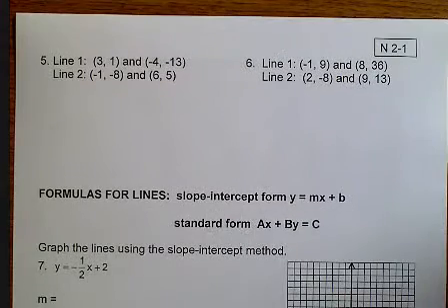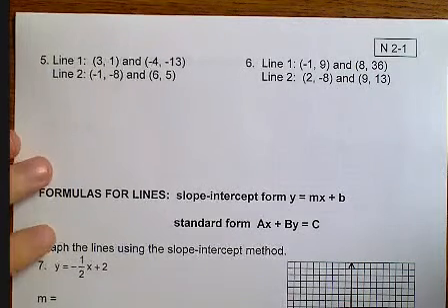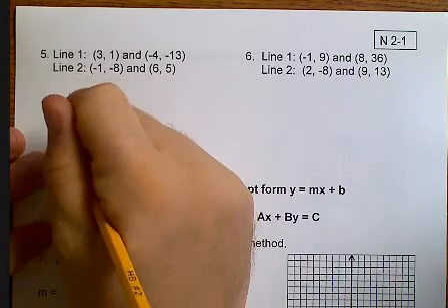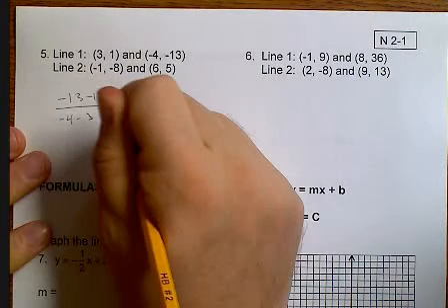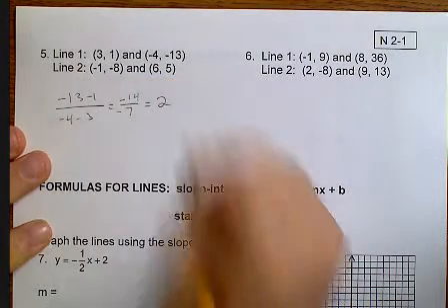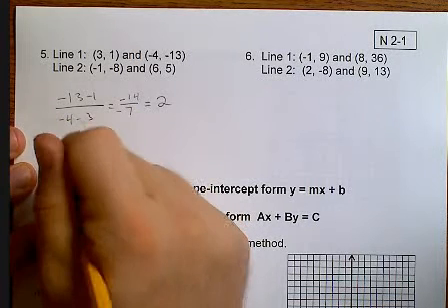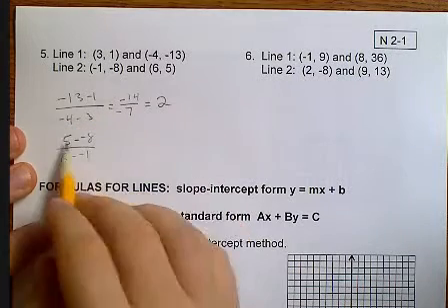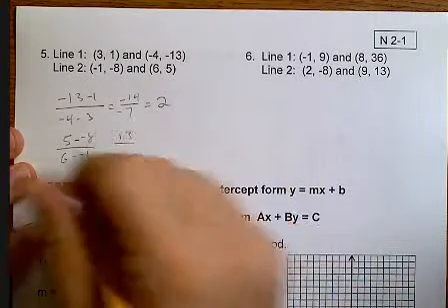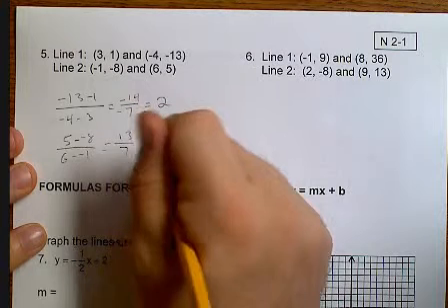Examining problem number 5, we've got the same thing. We're trying to figure out parallel, perpendicular, or neither. So let's take a look. Negative 13 minus 1 over negative 4 minus 3 gives us a negative 14 over a negative 7, which is a positive 2. 5 minus negative 8 over 6 minus negative 1. 5 minus negative 8 is 13. 6 minus negative 1 is 7, which is just 13 over 7.